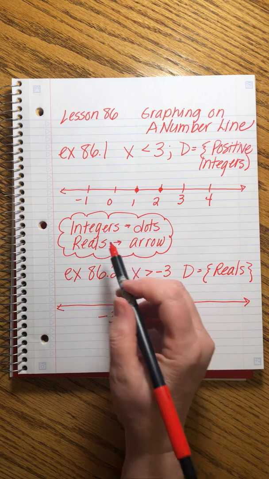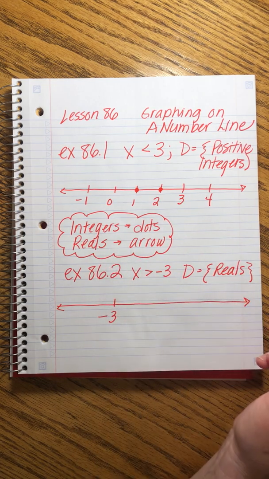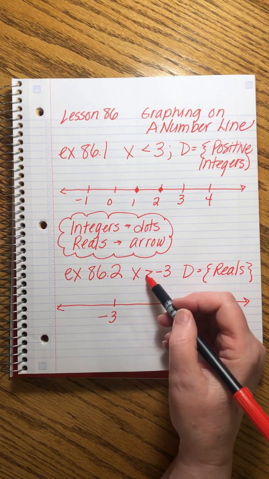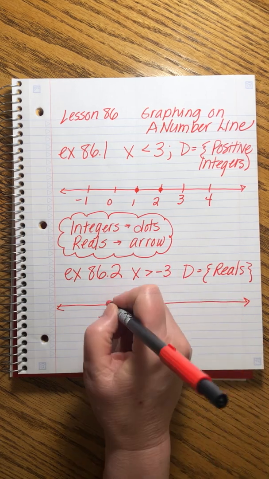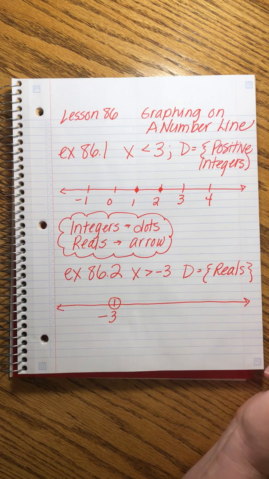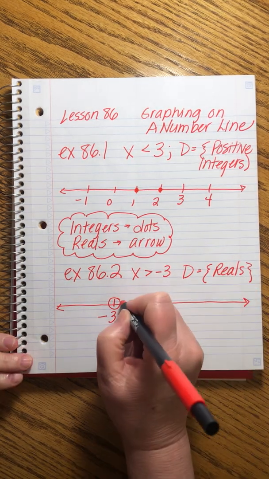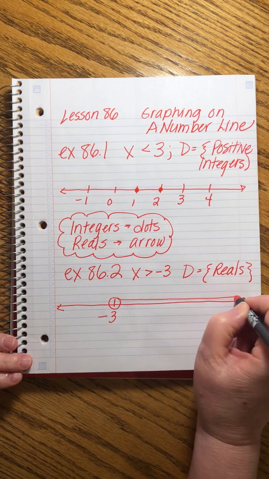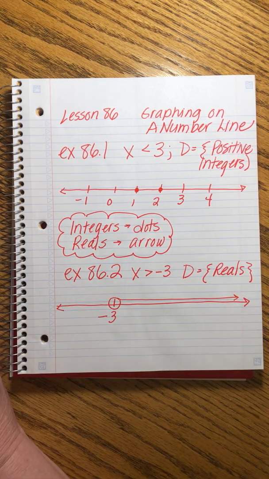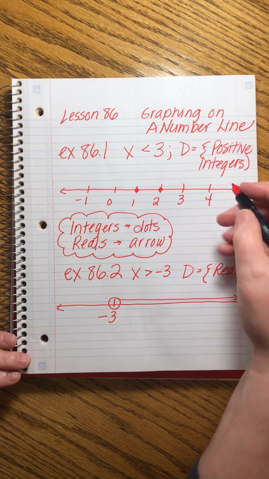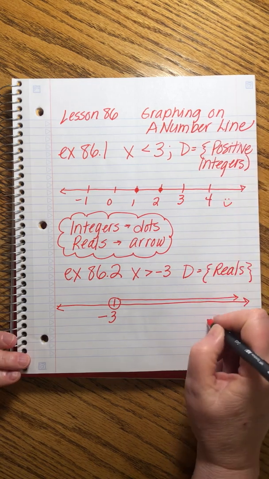That means it's an arrow. And I either circle it or solid dot it, depending on this. This is greater than only. So that means I don't want to color in the circle because I don't want to include negative 3 in my solution. It's the reals, so it's an arrow, and I go like this. Beautiful. This is the right answer, and this is the right answer.